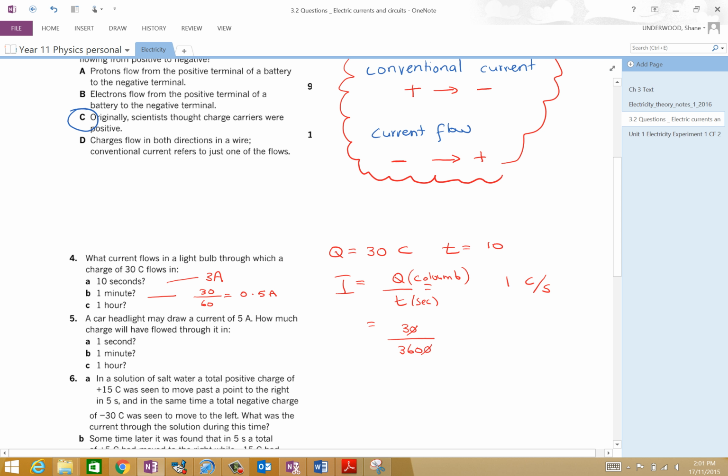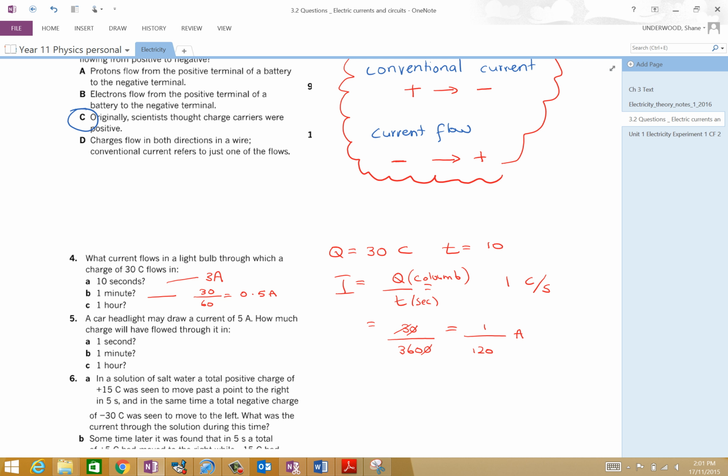How many times does 3 go into 360? 120. So I could cancel that out, and we can say that that's 1 over 120 amps, which, of course, we could work out in our calculator as what? What was the answer? Is it 1 over 120 or 1 over 12? 1 over 120.